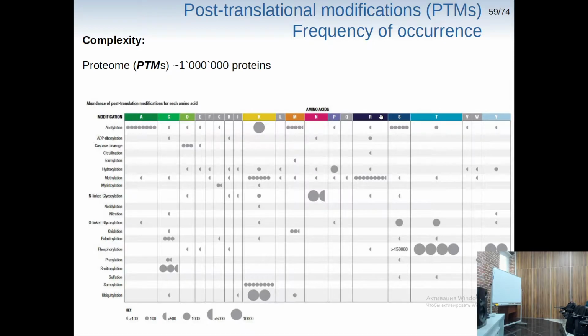Because in the next lecture, we will start with mass spectrometry. Mass spectrometry will allow you to see the mass either of the protein itself, which is not quite informative, but also the mass of small peptides from this protein.